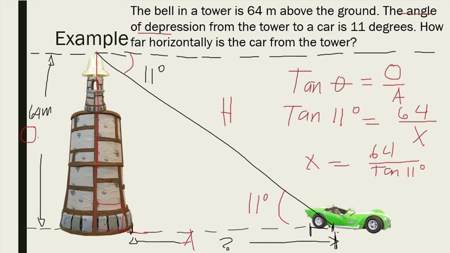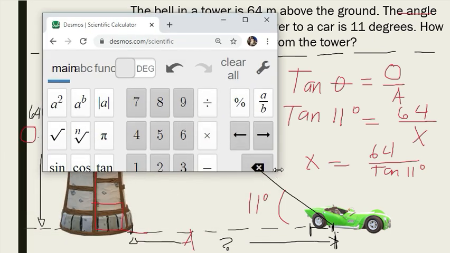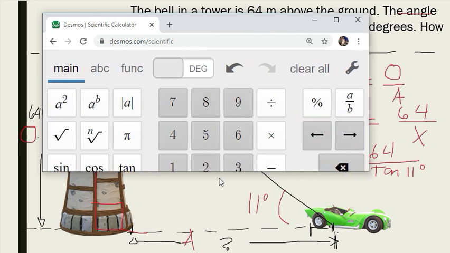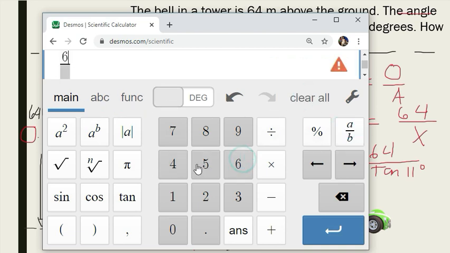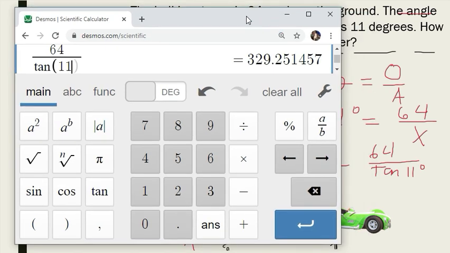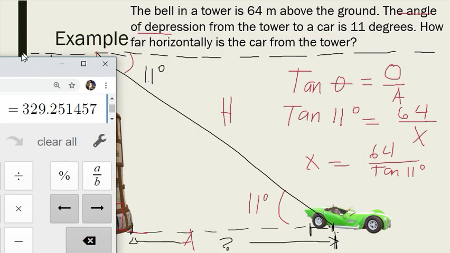Okay, let's find the value of that using the Desmos calculator. So we have here 64 divided by tangent 11 degrees. So we have 329.25.